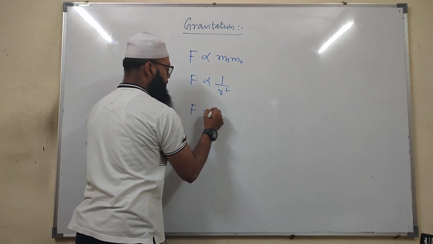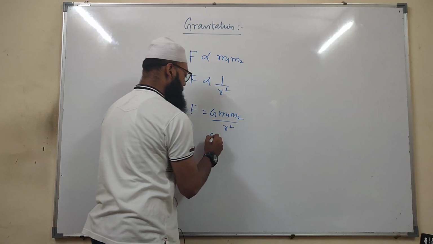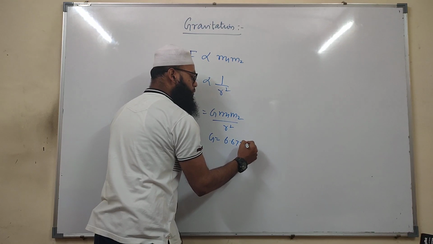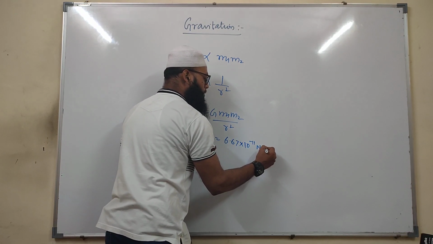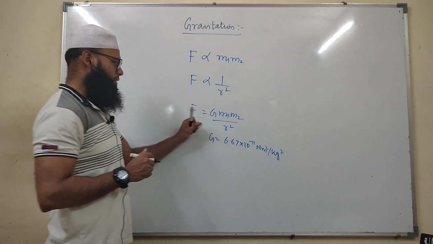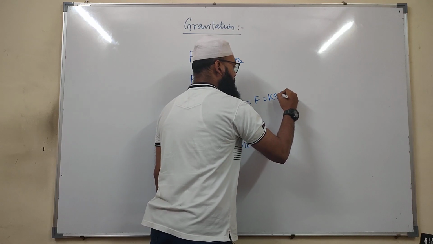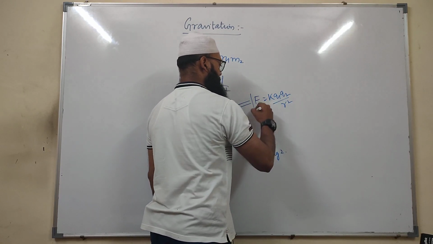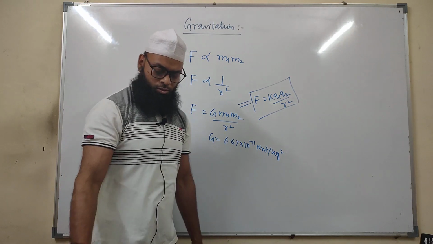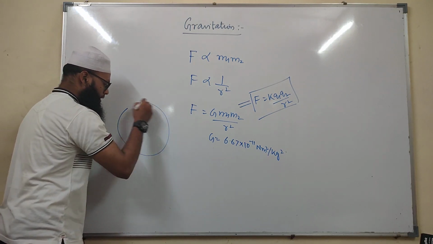Therefore F came out to be G times m1 m2 upon r square, where G is the universal gravitational constant having a value 6.67 into 10 to the power minus 11 Newton meter square upon kg square. This formula is quite similar to the Coulombic force between two charges, F is equal to k q1 q2 upon r square. We have studied that. Now let us consider the earth.